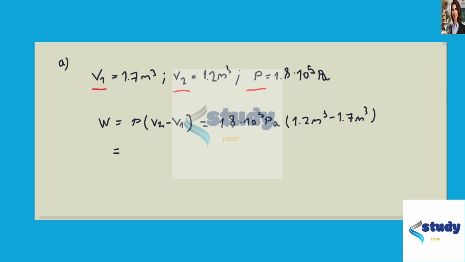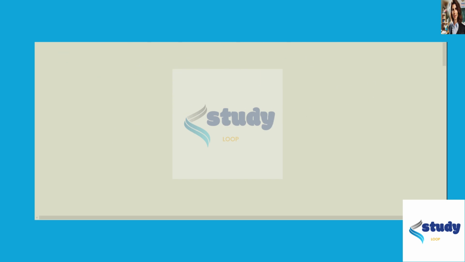Final dimensions are going to be in joules, and when we evaluate this using a calculator, we obtain negative 9 times 10 to the fourth joules. And this is expected since we know that the work done must be negative when we are investing work, when we are giving energy to the system so that it can get compressed, so that the volume will change.